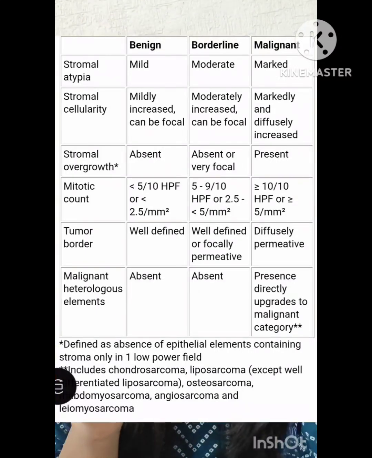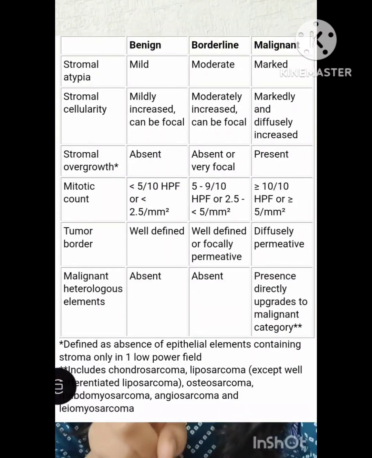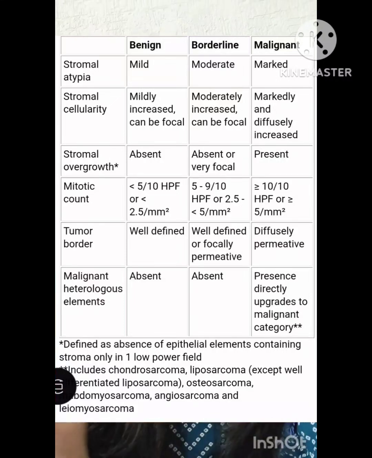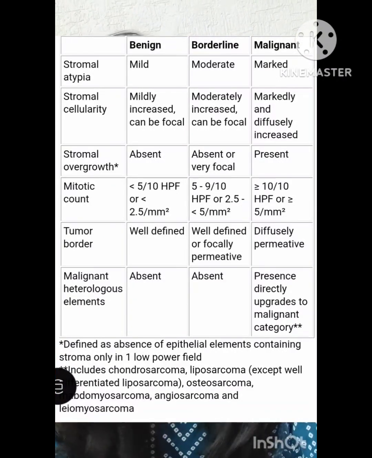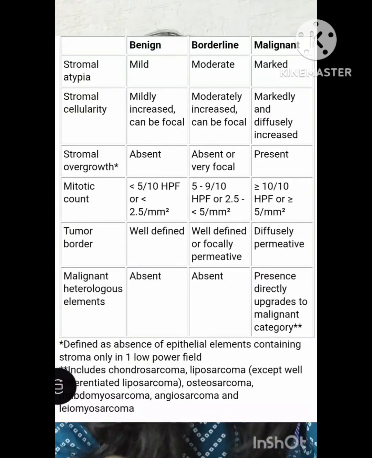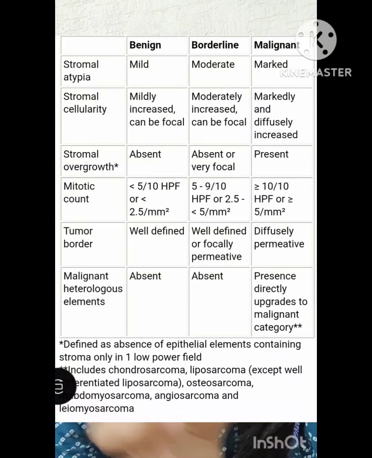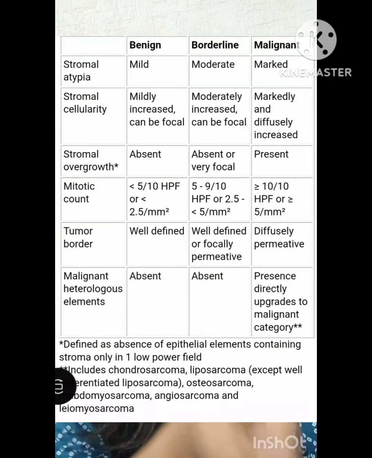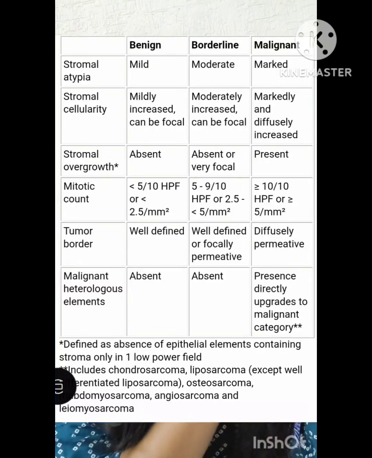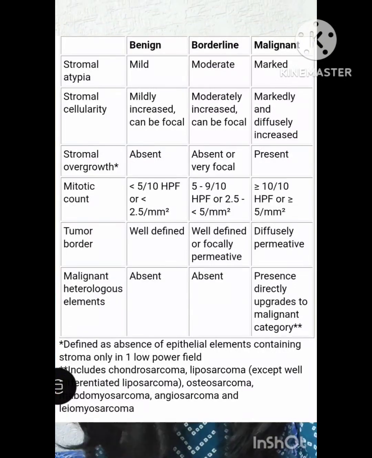First is stromal atypia. Then second is stromal cellularity, which will be mildly increased, moderately increased, and markedly increased and diffuse. In benign and borderline, it can be focal, but in malignant, there will be a diffuse increase in cellularity.